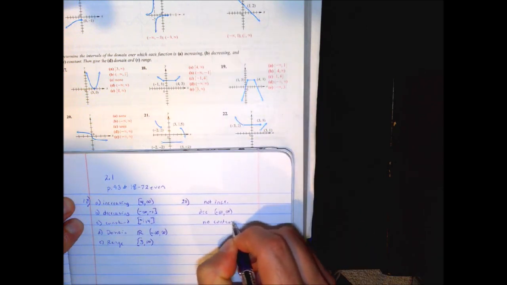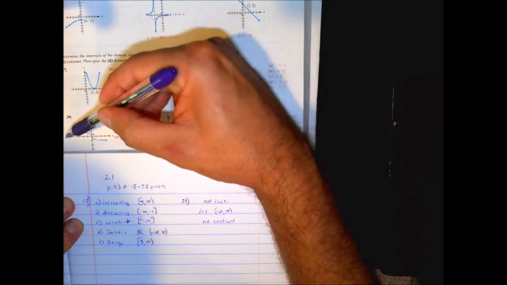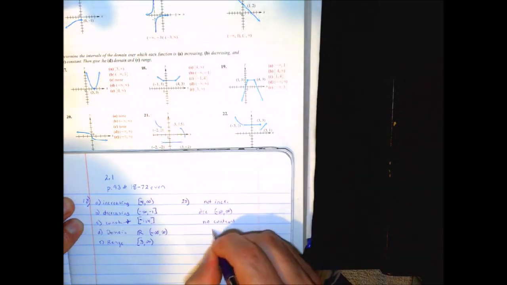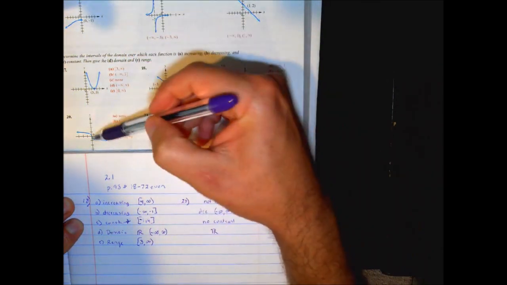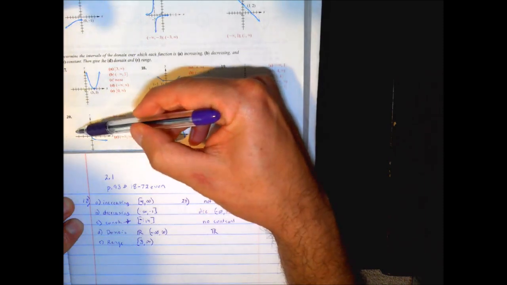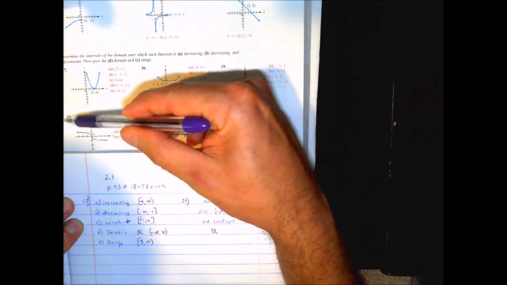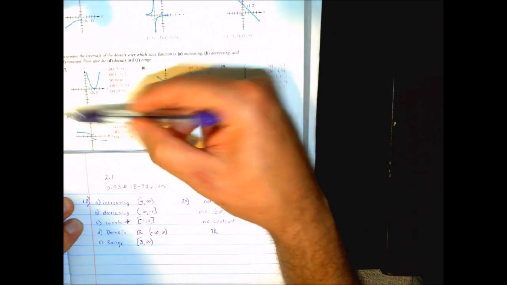The constant, no constant. The domain goes all these x's and all those x's, all real numbers. And the range, this will keep going up, even though it's really not going up by a lot every time. It is still going to go up, and this is going to still go down. So that also is going to be all real numbers.